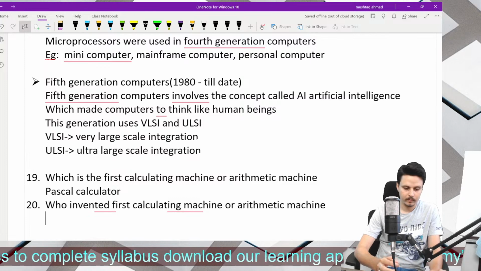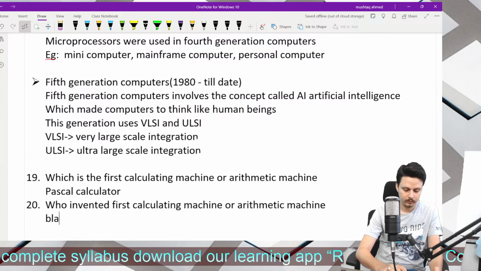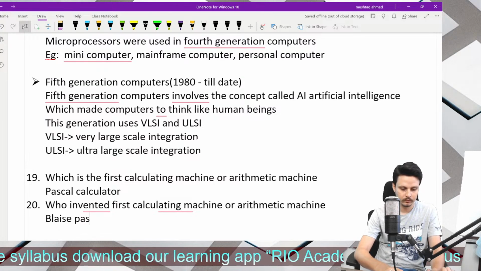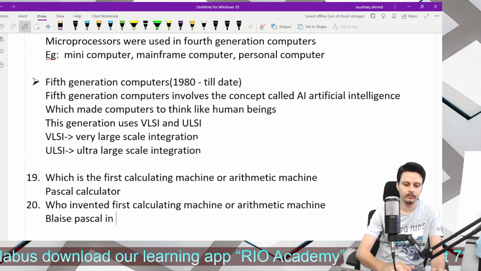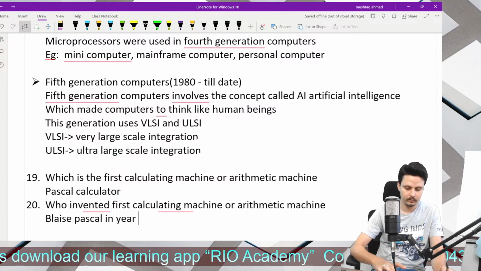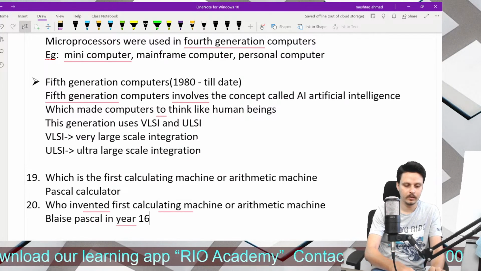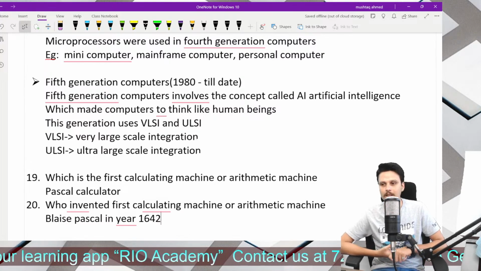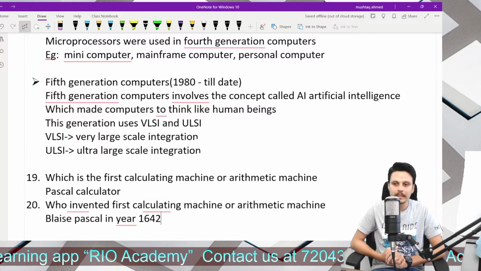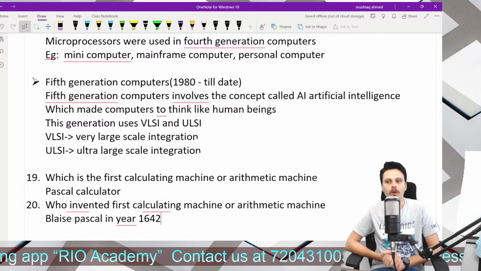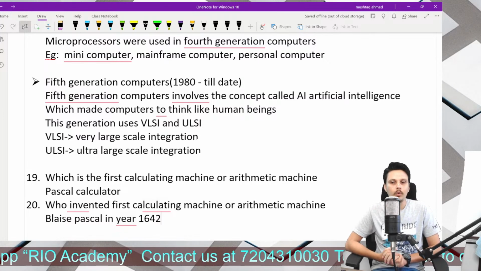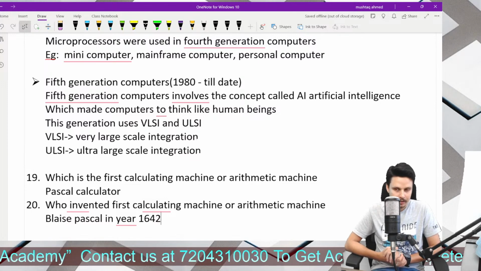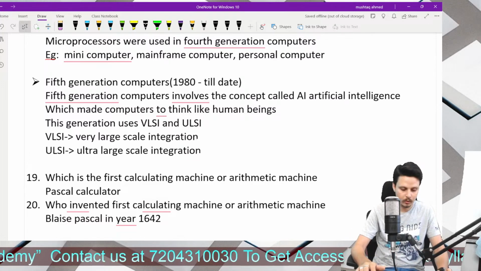Pascaline. So these are the one word answers: which is the first calculating machine or arithmetic machine, or who invented the first calculating machine or the arithmetic machine.